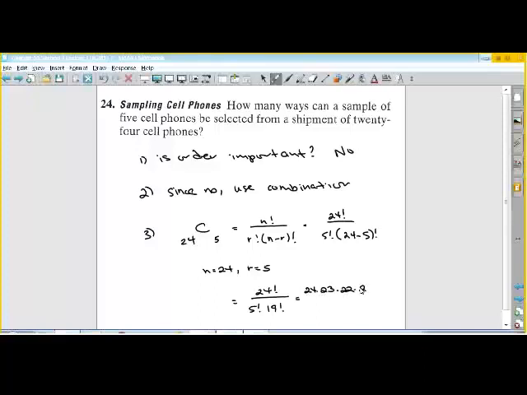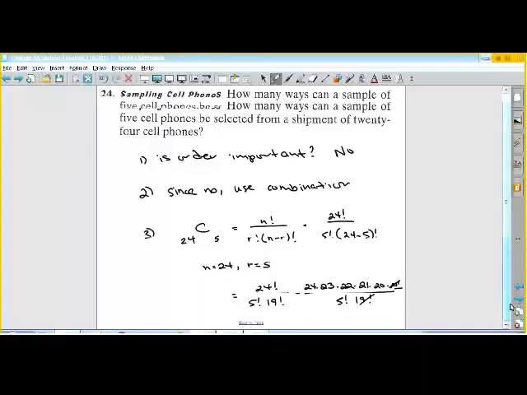We start multiplying by subsequently lower numbers until we get the larger of the 2 factorials in the denominator, which in this case is 19. And then we can cancel out the 19 factorials. So then we have something more manageable to do as far as calculating the answer.